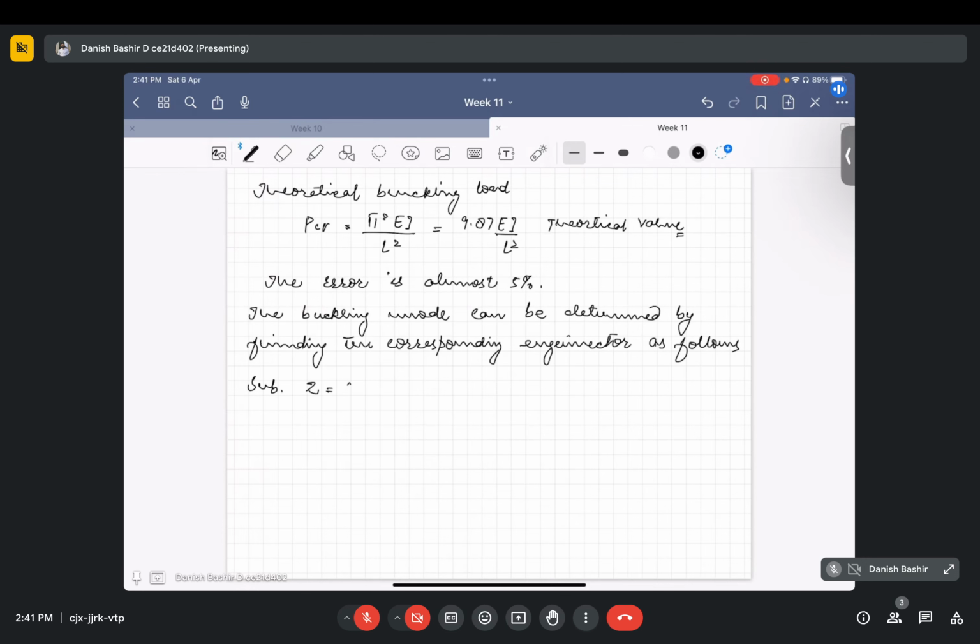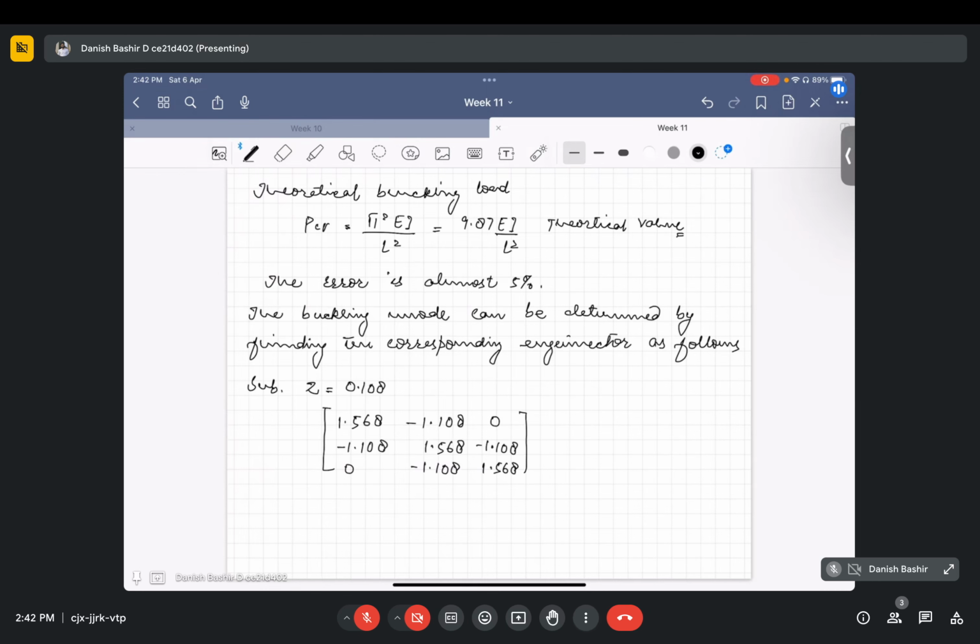z equal to 0.108, we will get the global system of equations: 1.568, minus 1.108, 0; minus 1.108, 1.568, minus 1.108; 0, minus 1.108, 1.568.